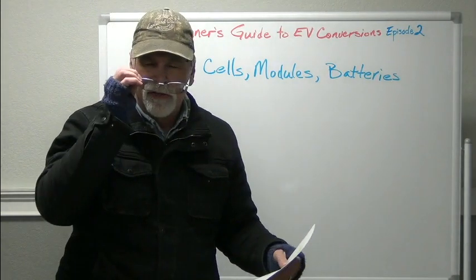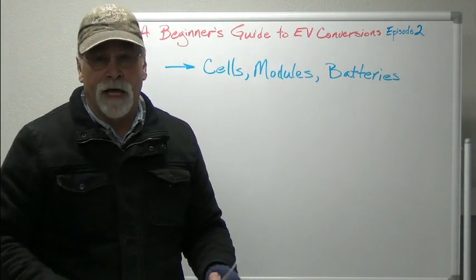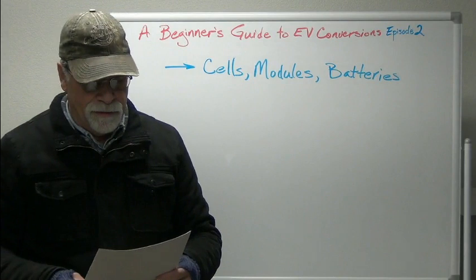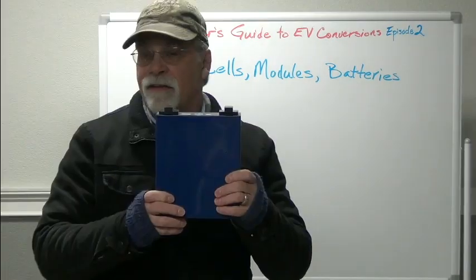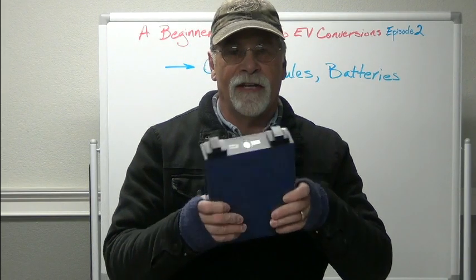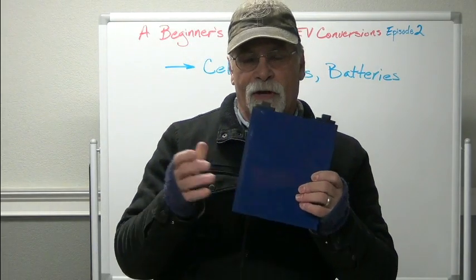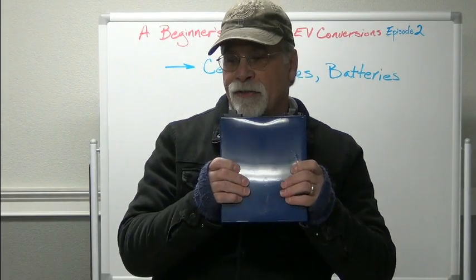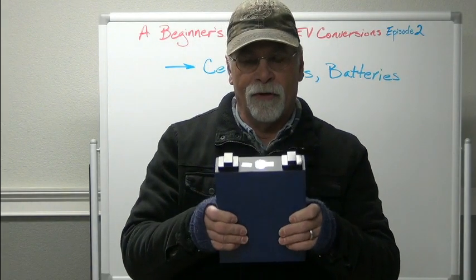So a single cell is not a battery. A single cell is a cell. This is a cell. This happens to be a lithium iron phosphate cell. This is 230 amp hours. It's 3.3 volts nominal. This is a single cell. This is not a battery.